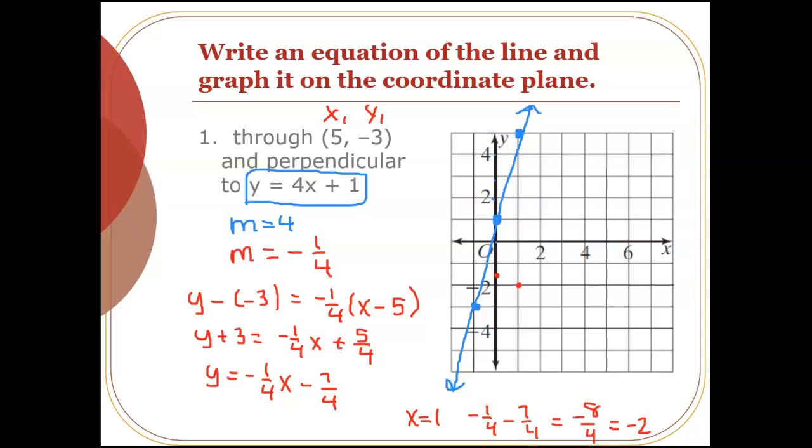So that means when x is 1, y is negative 2. Now I would use that point to do my slope. So it goes down 1 and right 4, or up 1 and left 4. And we can see our perpendicular line.